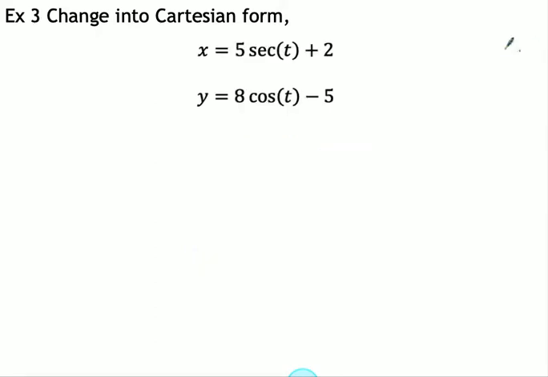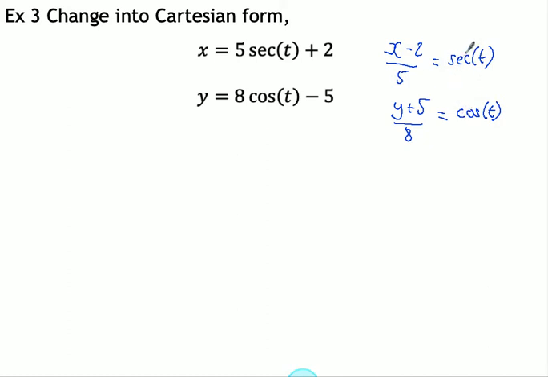Next. Okay, so this time they're not the same, so we're going to have to do a little bit of extra work. So let's make the trig functions the subject. Okay, what do you know about sec and cos? They are the reciprocal of one another.